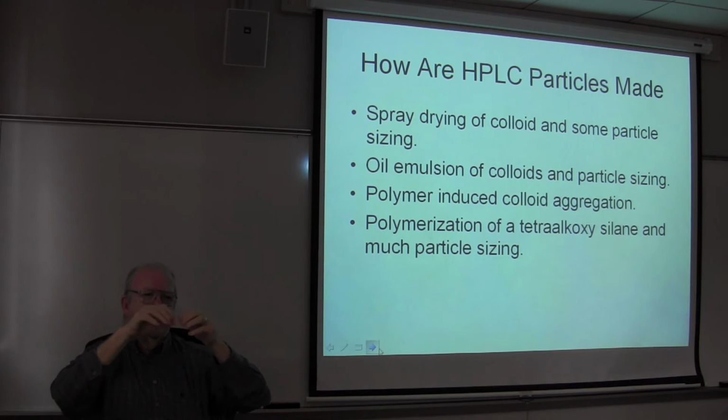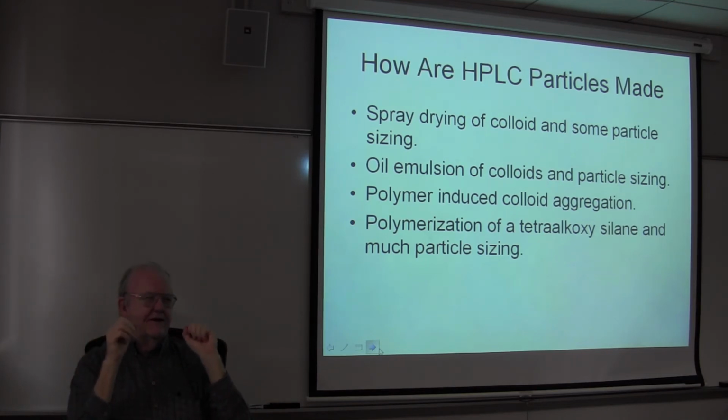And the water goes into the hot oil and vaporizes out of the hot oil, so the colloid gets more and more concentrated, and the particles start to get so concentrated they bump into one another and they aggregate. And the surface tension of the water makes them into beautiful, beautiful round spheres.